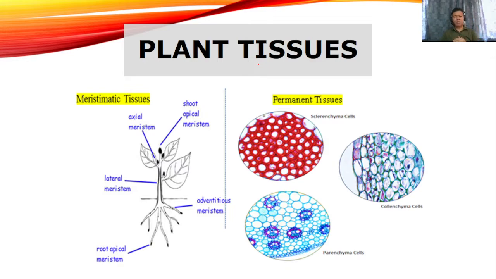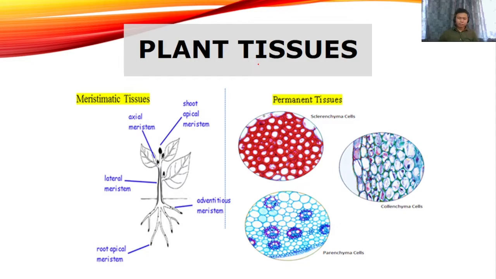Meristematic tissues allow the plant to grow upwards, downwards, and sidewards. For the permanent tissues, we have the sclerenchyma, collenchyma, and parenchyma. They support the plant, allowing it to provide food, water, and protection.